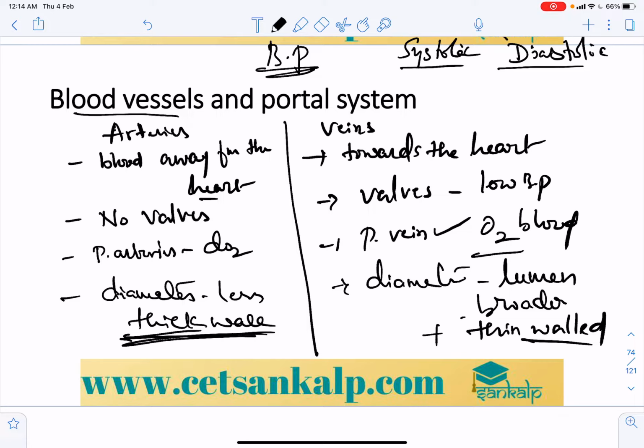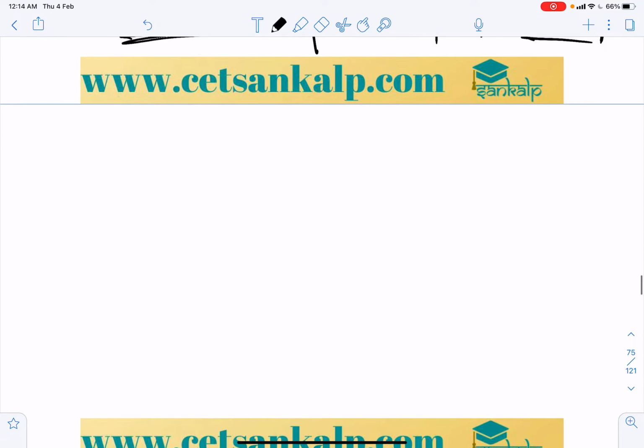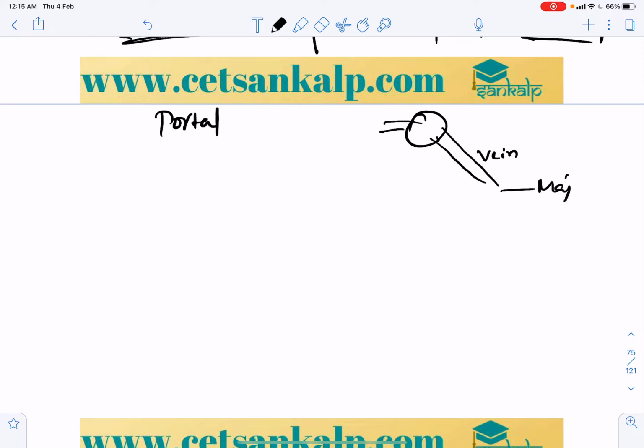In this, there are three types of portal systems: the hepatic portal system, the renal portal system, and the hypophyseal portal system. Let us go through a few points on the portal system. Normally in a tissue, capillary supply is there, then venules arise and form a vein, and the vein opens into a major vein like the inferior vena cava or the superior vena cava.